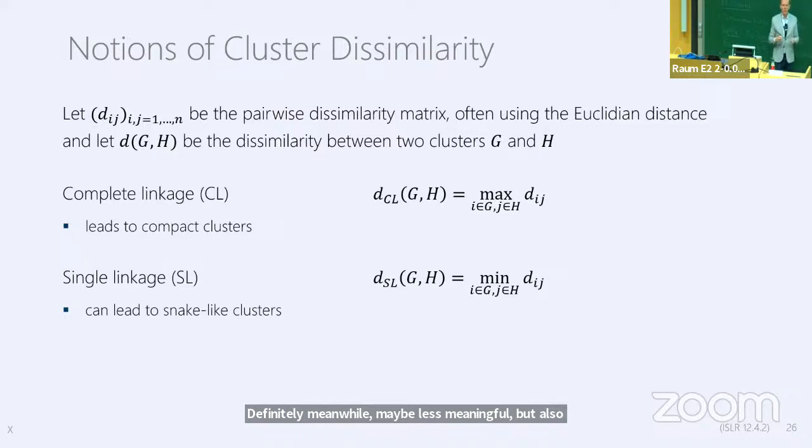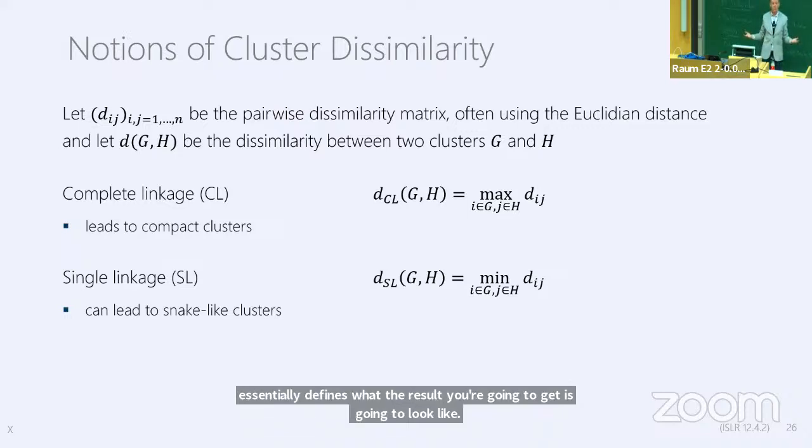So what I want to illustrate here is that in clustering, the beliefs about the structure that you think live in the data matter a lot, because the beliefs that you put in essentially define what the result is going to look like. If you use complete linkage, you're going to find blobs.